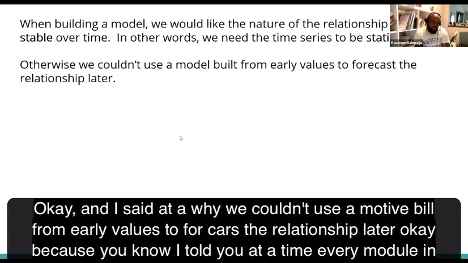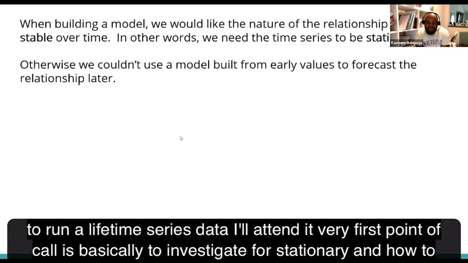Every model in statistics has assumptions, and what makes a model super great is when the assumptions hold. That is why, if I want to analyze time series data, the very first port of call is to investigate for stationarity.